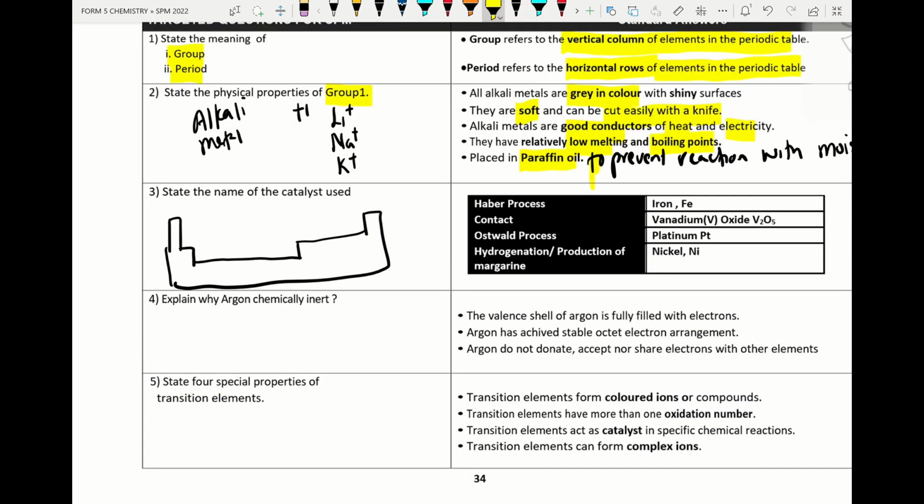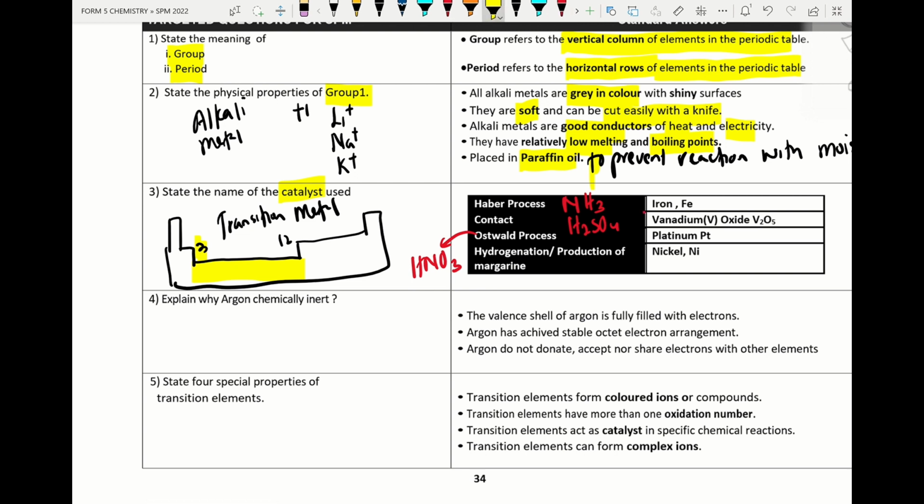Alright, so next, the elements from group 3 until group 12, so I put here 3 until 12, are known as transition metals, and these elements have special characteristics. One of the characteristics, they act as catalysts in certain specific reactions. So the Haber process is the production of ammonia, contact process is the production of sulfuric acid, Ostwald process is the production of nitric acid.